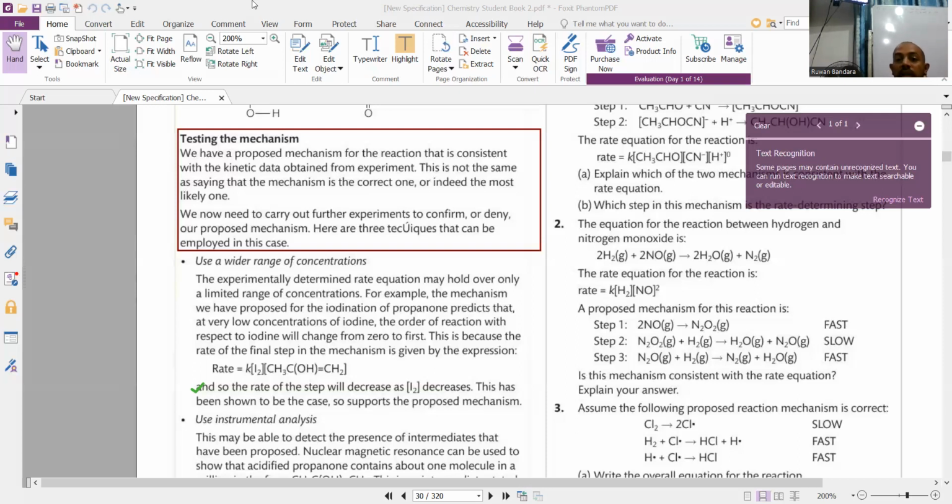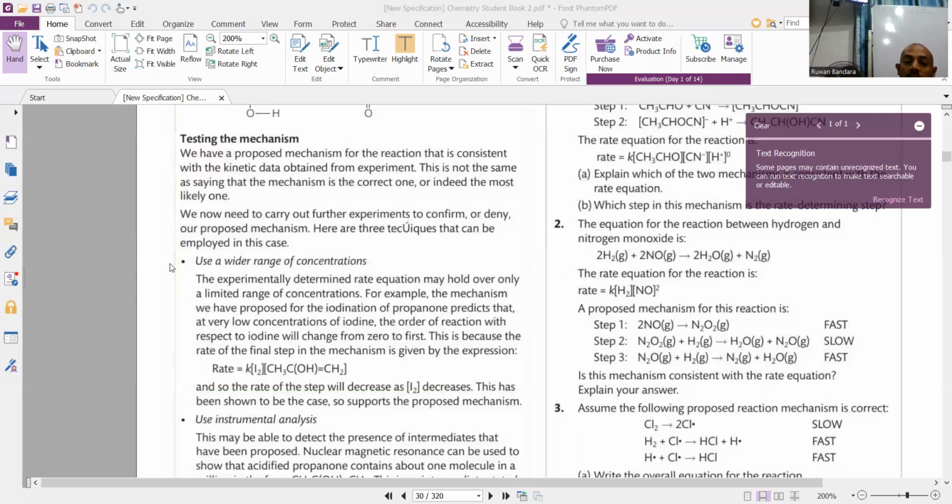First technique: you have to use a wider range of concentrations. That means you can use different concentrations of each reactant and check whether it follows the rate equation.